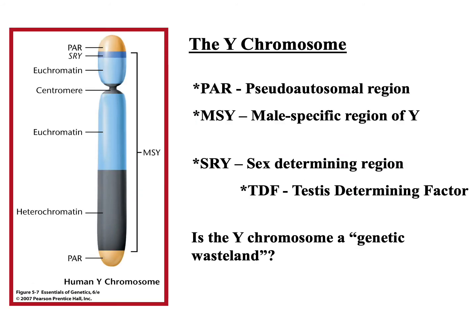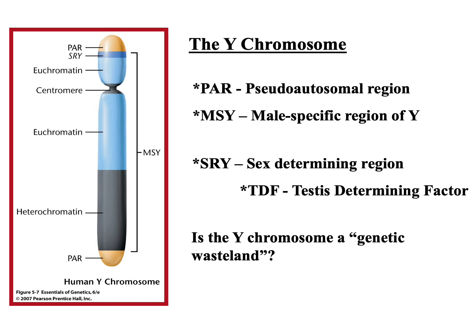So let's focus on the Y chromosome first, and then we'll talk a little bit about the X chromosome. So in this figure, what you're looking at is a depiction of the Y chromosome. What I want to do is highlight a number of characteristics or components of the Y chromosome itself. The first being the PAR, which is the pseudoautosomal region that I mentioned in the previous slide.